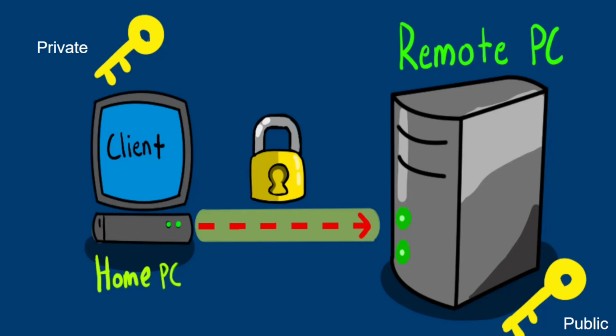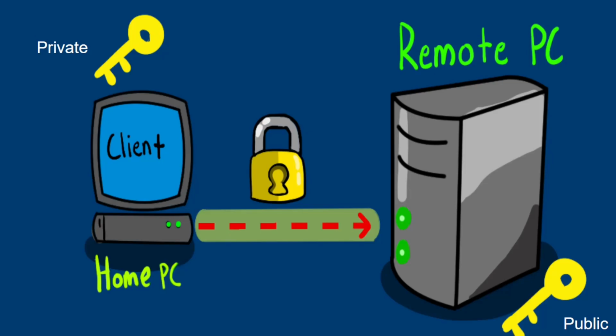The home PC receives this message and decrypts it with its private key. And if the home PC is able to send this decrypted message back to the remote PC, the remote PC knows that the home PC has the correct rights to access this computer, or SSH into this computer, in other words.